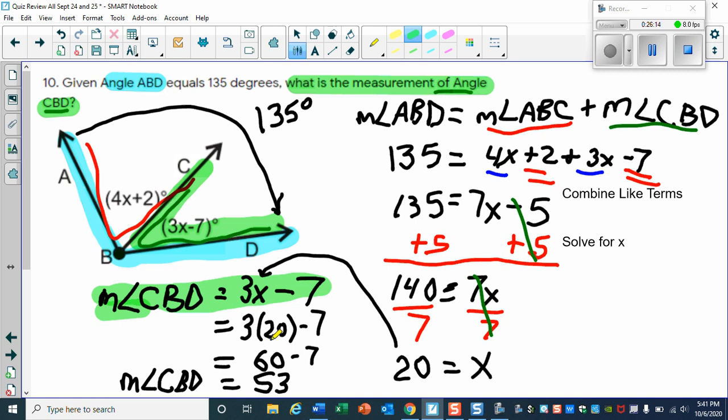If it said solve for x, you solve for x and you're done. If they want you to find something specific, you need to do some substitution. So x is 20, substitute into the expression 3x minus 7. So we have 3 times 20, 60, minus 7. Our overall final result is 53. So after you solve for x, you substitute. That's how you get your overall final answer.